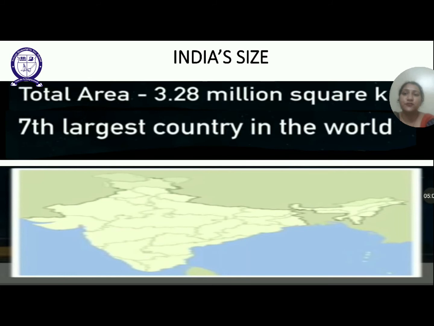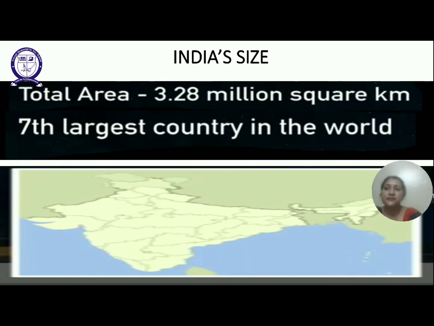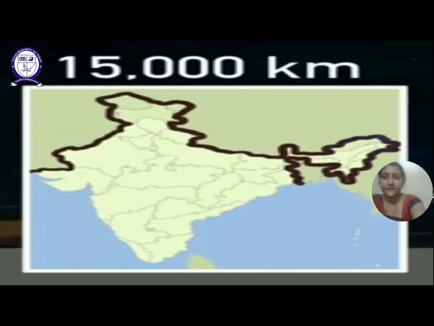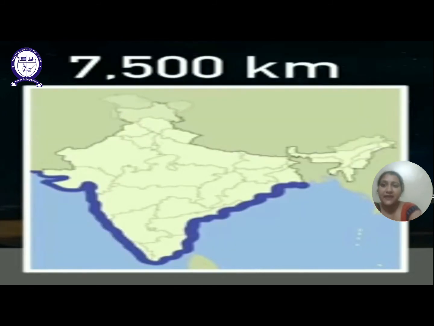Now our next topic is India's size. India's total area is 3.28 million square kilometer, and India is the seventh largest country in the world. Its land boundary is 15,000 kilometer and its coastal boundary is 7,500 kilometer.